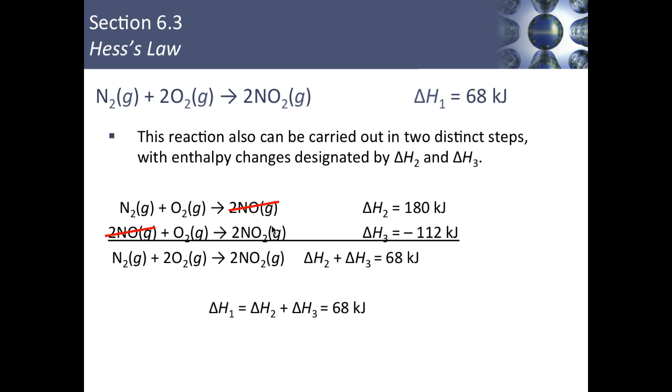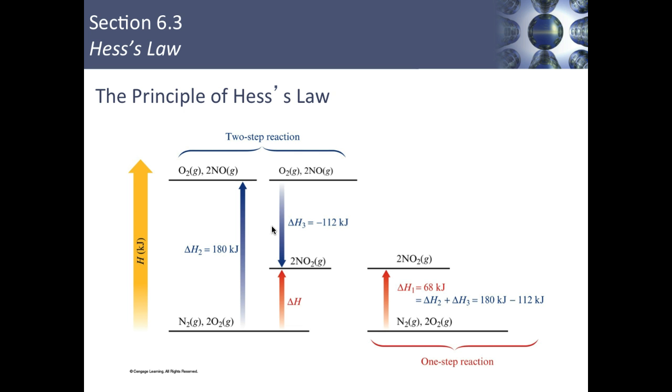Now, in canceling these out, we end up with our final balanced equation, just like we talked about before. The overall principle is this. The energy that's going to be released in each of these processes is going to happen regardless. I need these different parts in order to form my compound.